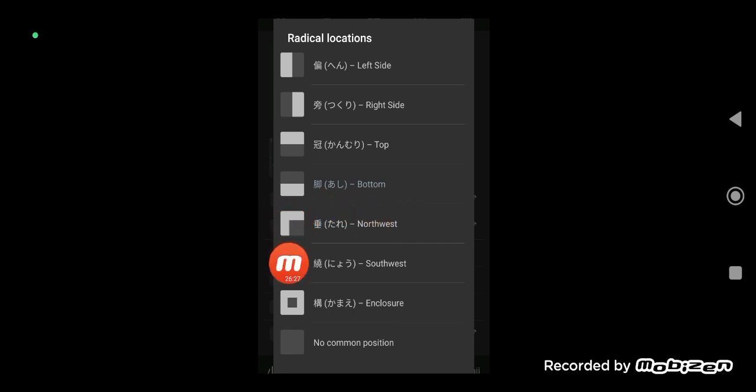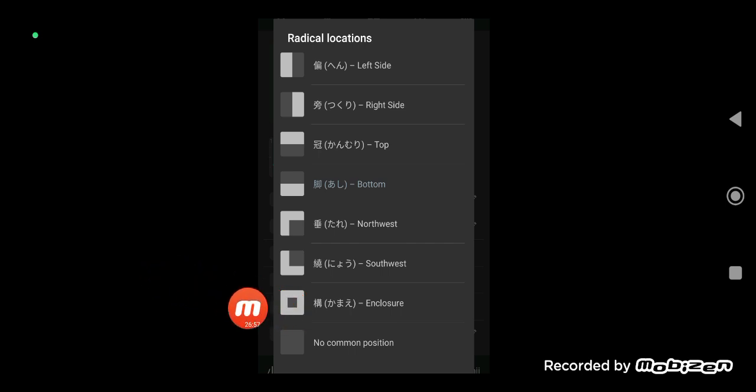If it is placed on the upper left part, it's called tare, and sometimes it is dare, due to dakuten influence, but originally this is called tare. And the lower left position is nyo.